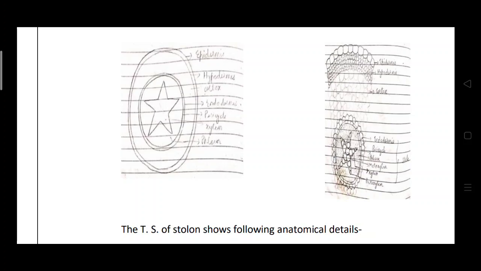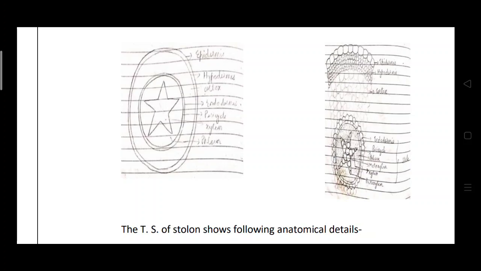So at the right side, the diagram is the cellular diagram. In that, you have to see the parts of this section. There are the outer compactly arranged epidermal cells, then hypodermis, then the cortex region.